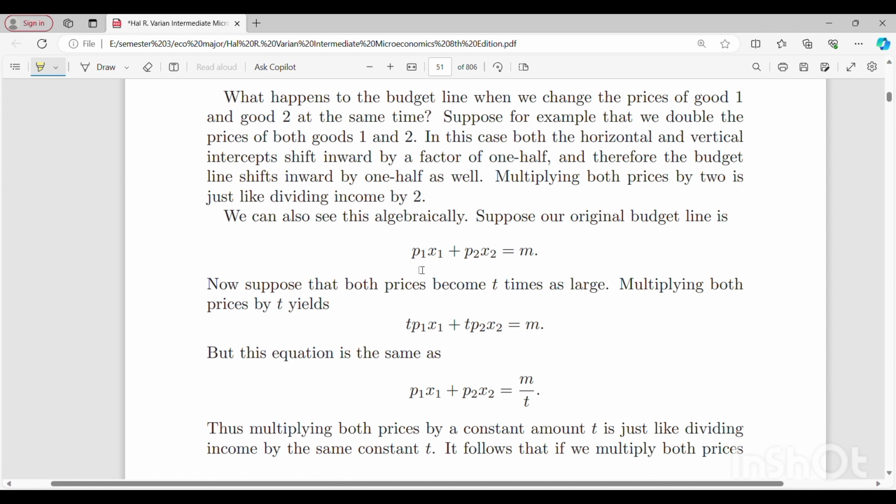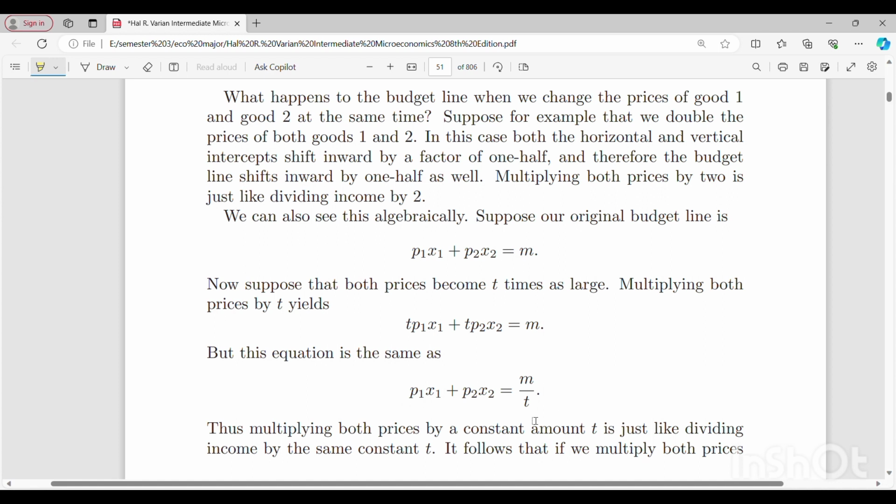For example, so this is the budget line and we are multiplying both the prices. Both the prices are changing at the same time by t. So t p1x1 plus t p2x2. So t can be taken in bracket outside. Then the other side of this equation, it will be on division, so m by t.